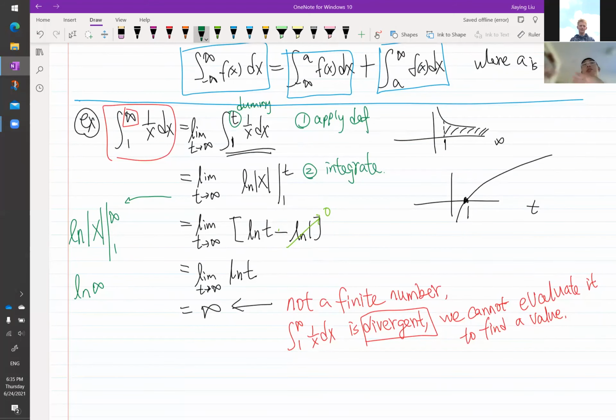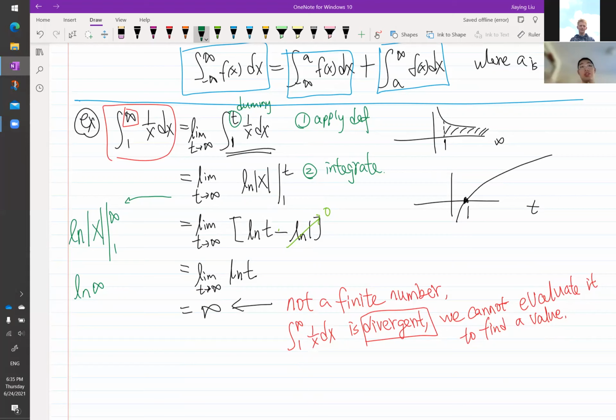We can say t represents some finite number, and then we can plug it into the natural log to evaluate it. But t actually approaches infinity. So t is a variable that represents some number that goes to infinity.